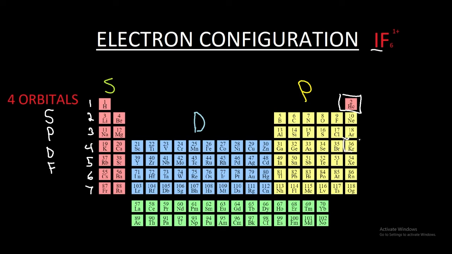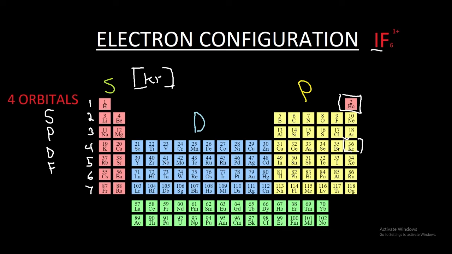To avoid this annoying process, we came up with a shorter and quicker way of doing electron configuration called shorthand electron configuration. This is where we look at the first noble gas we passed before we got to iodine, which in this case is krypton, and we just write it at the very start of our electron configuration just like this. And we continue the electron configuration from there.